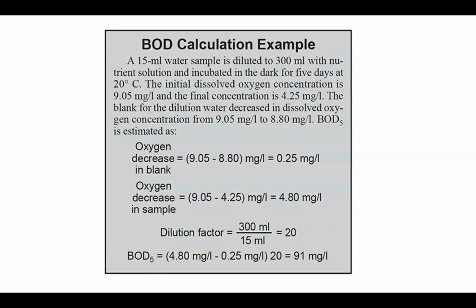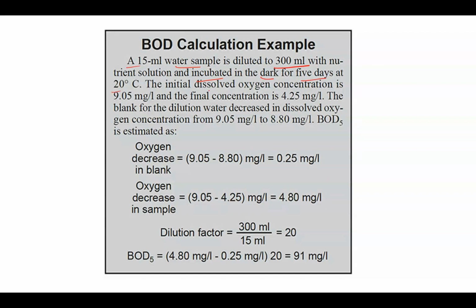So here, in this question, normally for the BOD we have to dilute, because when we take more concentrated wastewater, we have to dilute it for convenience. First of all, 150 milliliter of water sample is diluted to 300 milliliter with nutrient solution and incubated in the dark for 5 days at 20 degrees Celsius.